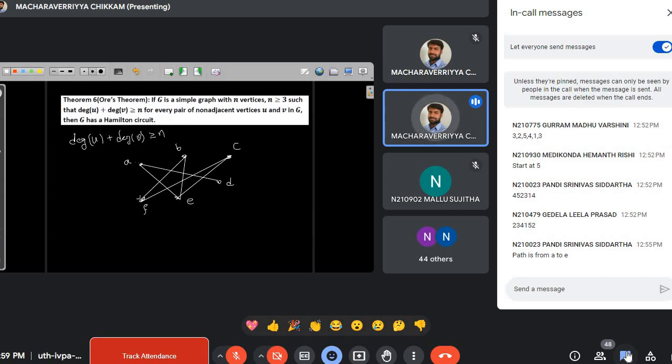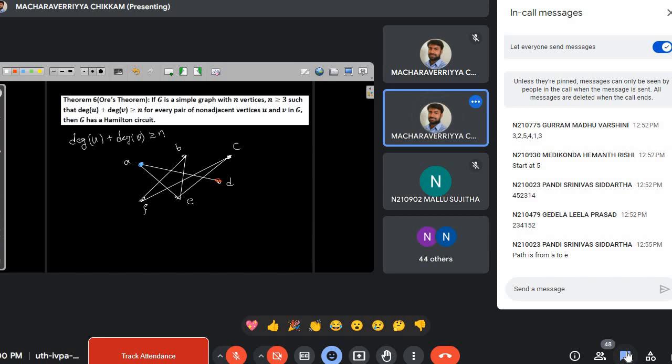So here, let me look at this graph. Is it satisfying the hypothesis of this theorem or not? Let me see. First of all, let us identify pairs of non-adjacent vertices. I hope you can see this graph as bipartite, isn't it? Let me assign two different colors.